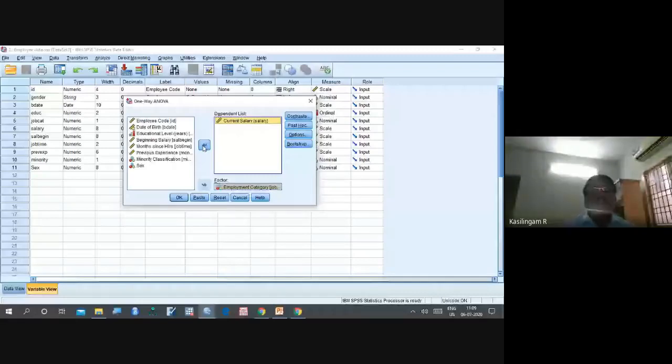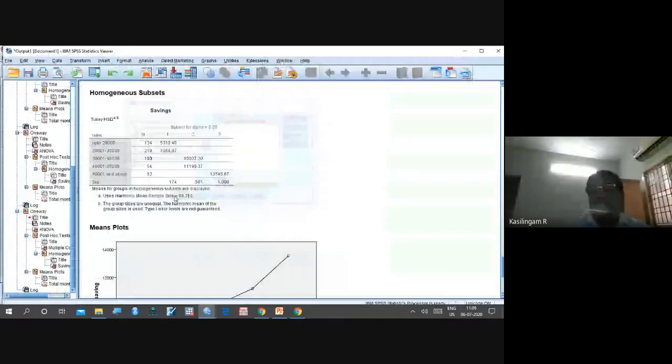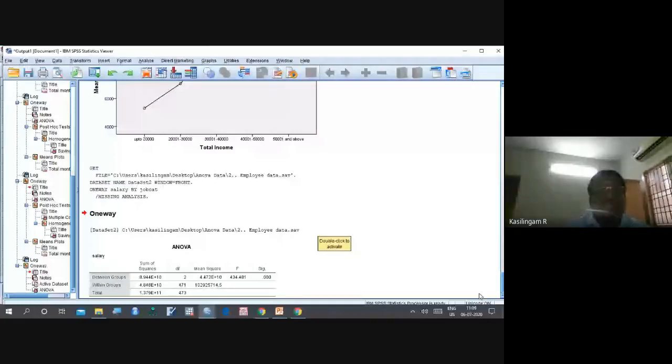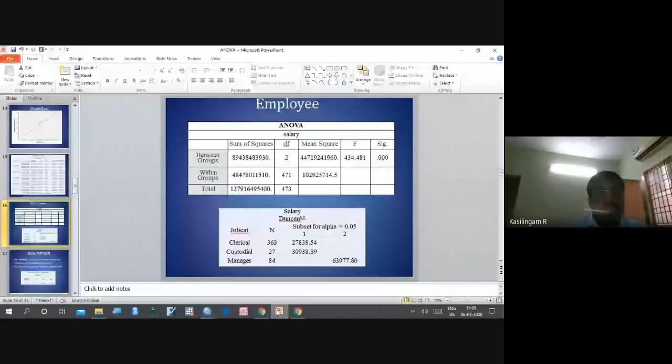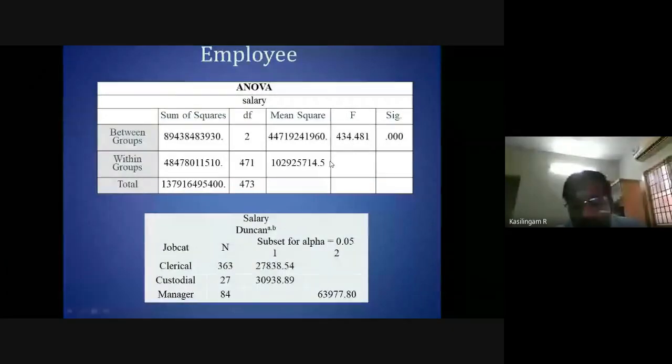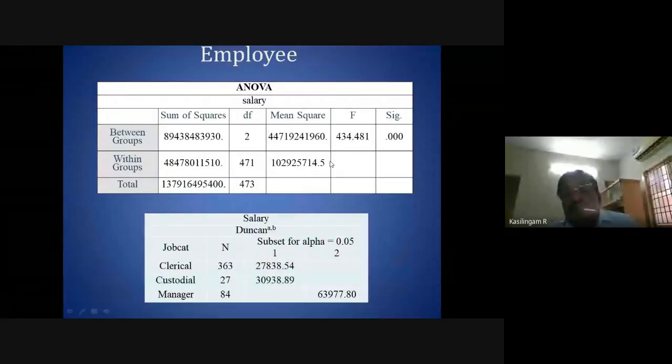Alright. So now I have a result. This result I have in the PPT. Now I will tell you the significant value is 0.000, which is less than 0.05.